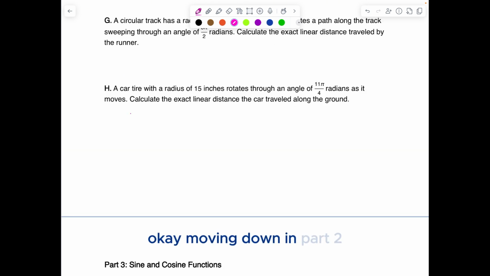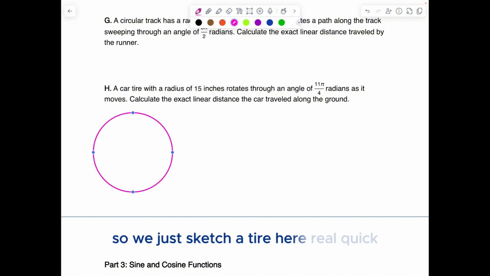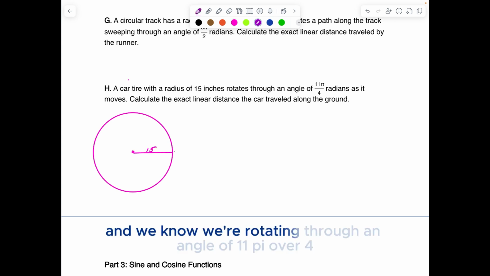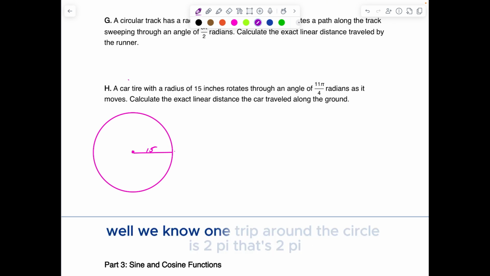Okay, moving down in part 2, we have a tire with a radius of 15 inches. So we just sketch a tire here real quick. We know we have a radius of 15 inches, and we know we're rotating through an angle of 11 pi over 4. So what does that really mean? Well, we know one trip around the circle is 2 pi.